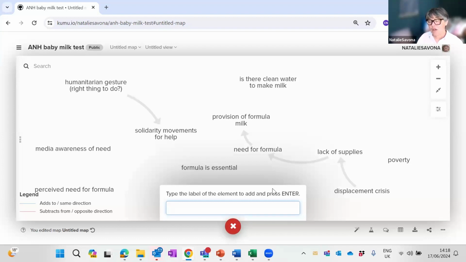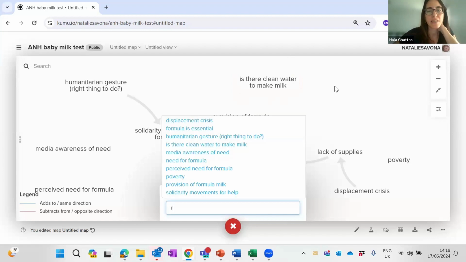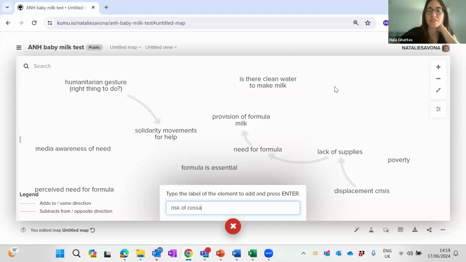So there's a whole load of other things that start to make it more complicated. So some of the ideas in the chat is a high risk of cessation of breastfeeding as a result of this. Perfect, thank you.